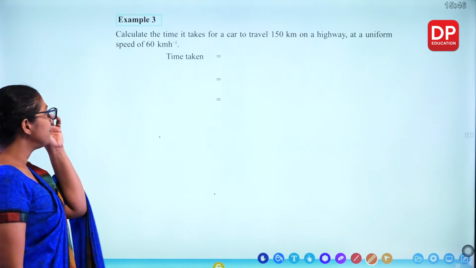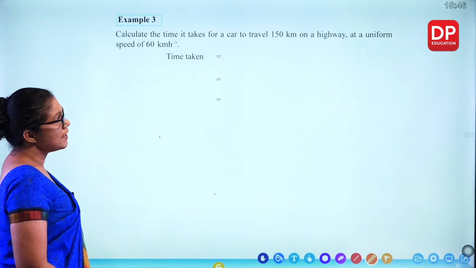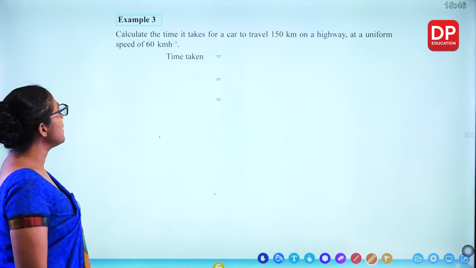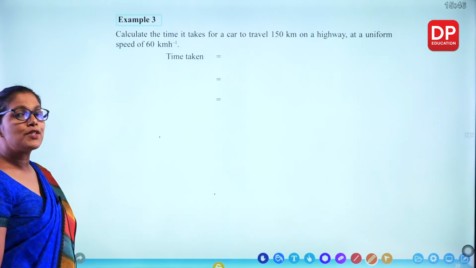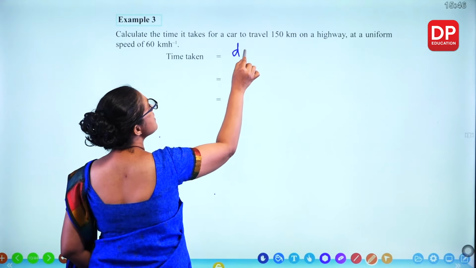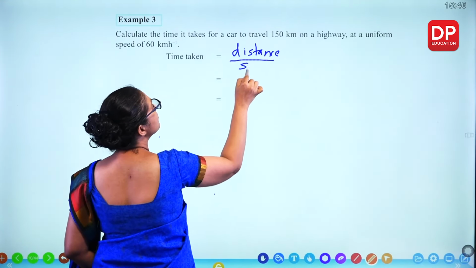Example number 3. Calculate the time it takes for a car to travel 150 kilometers on a highway at a uniform speed of 60 kilometers per hour. So time taken, how can we find? Time taken formula is distance over speed.